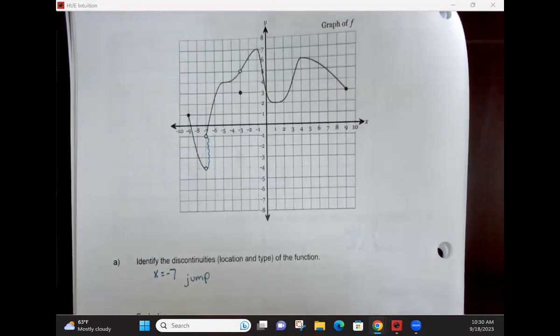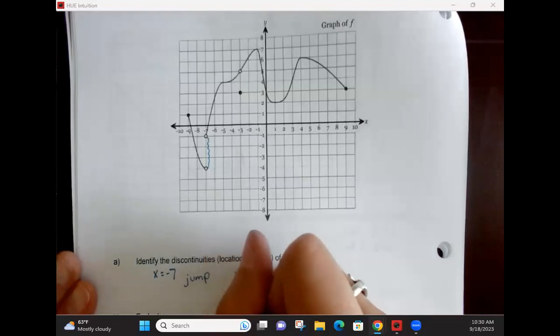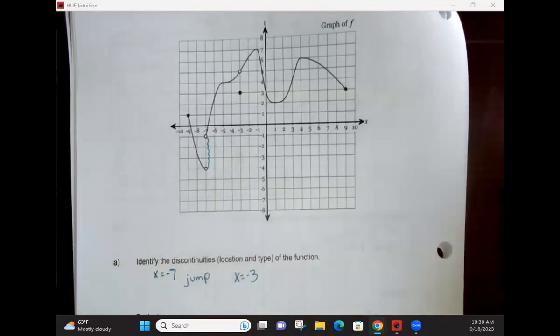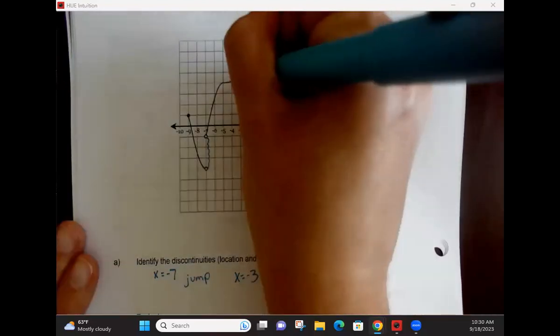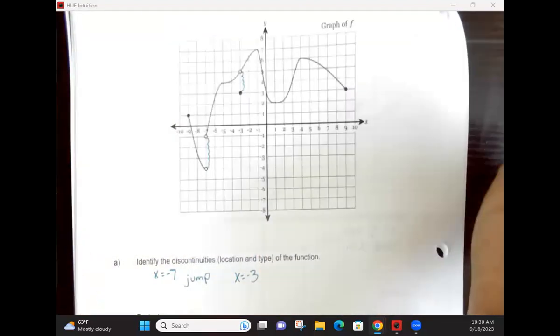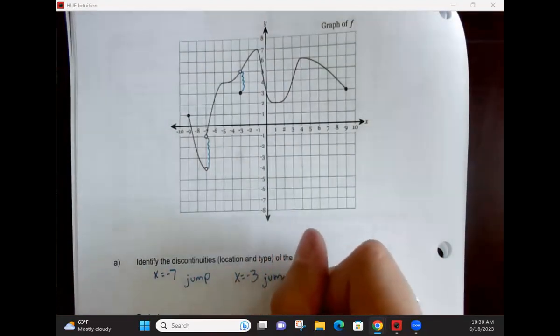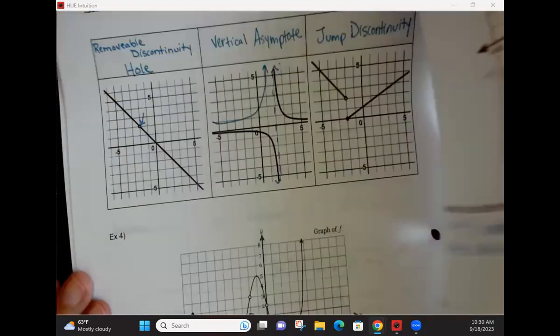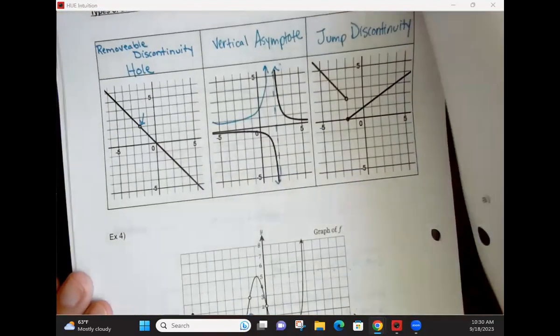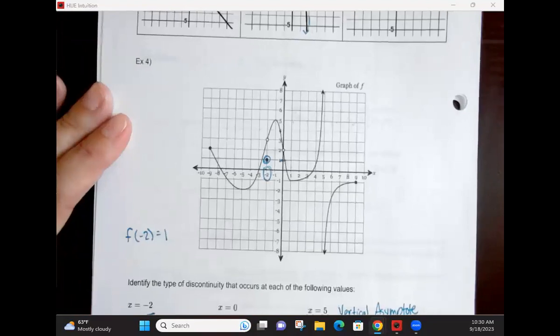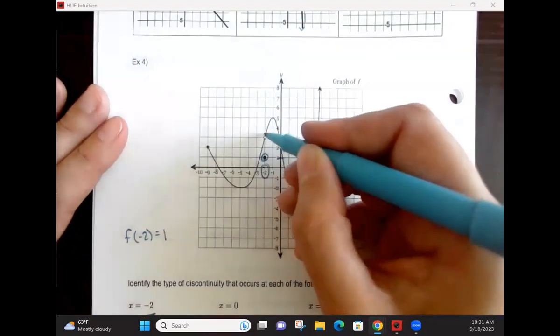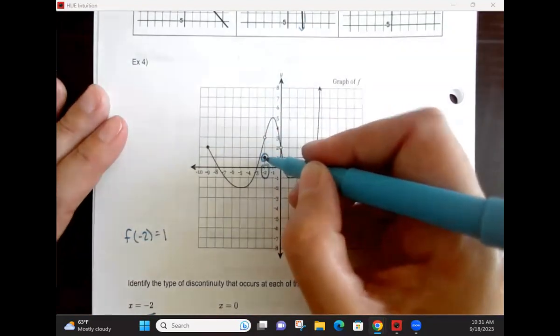I have another location on this graph where I have a discontinuity. Where's my other discontinuity? How about -3? So this one, we would say vertical gap. We would call that a jump. Just like at -2 for example 4, there was a hole in the graph, but it was defined somewhere else.